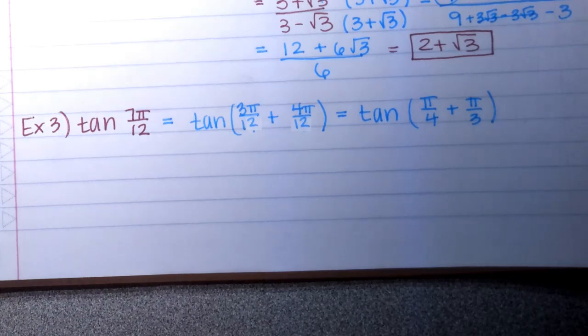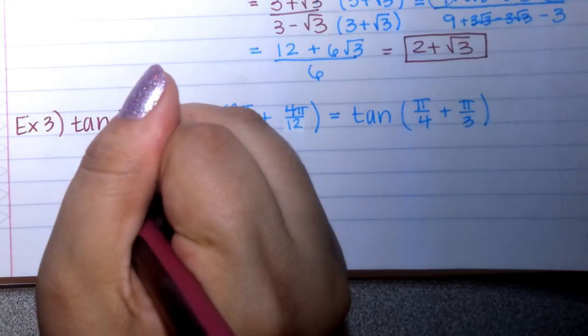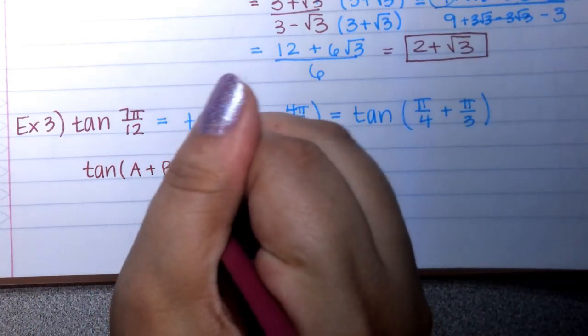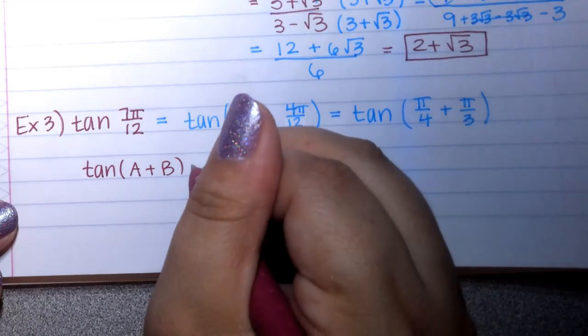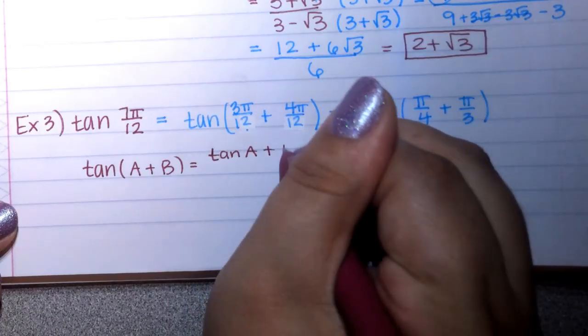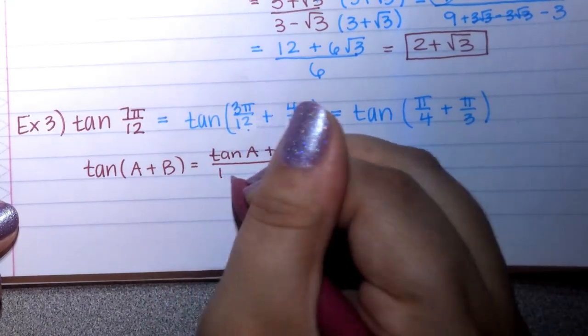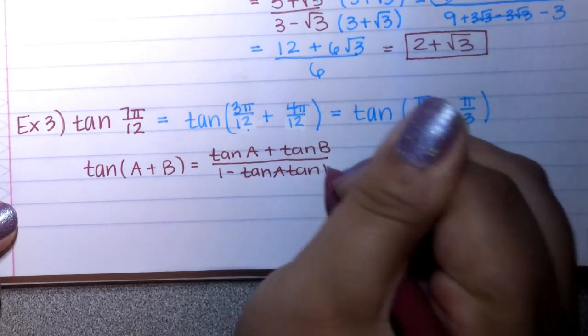What do I do next? Write the identity. And we are adding or subtracting? Dang, I'm not doing a subtracting one today. I should have done that. Equals tan of A plus tan of B all over. Do you kind of already have this one memorized?